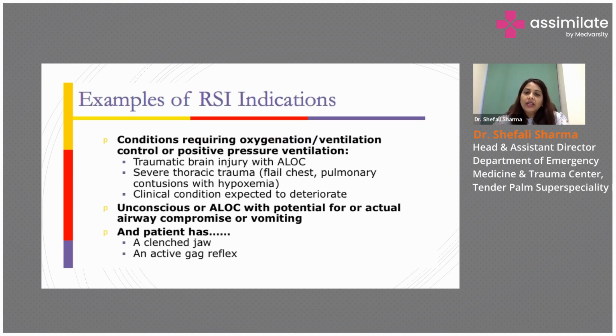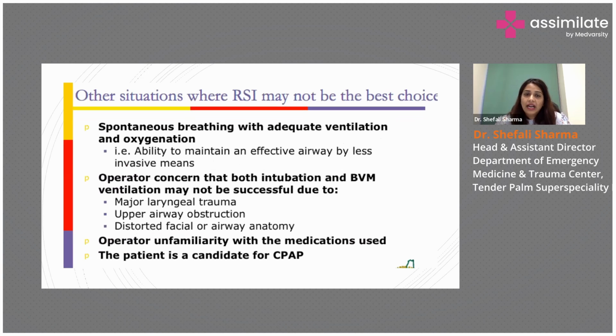Another indication is a condition requiring oxygenation, ventilation, or positive pressure ventilation, like traumatic brain injury with loss of consciousness, severe thoracic trauma having flail chest, pulmonary contusion with hypoxemia, or where the clinical condition is expected to deteriorate. Also any patient who is unconscious with potential for or actual compromise or vomiting, and a patient who has a clenched jaw or an active gag reflex.